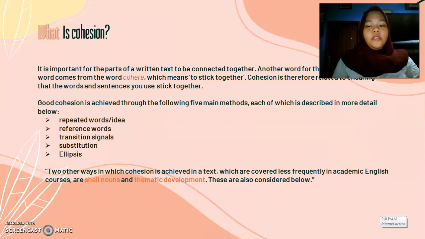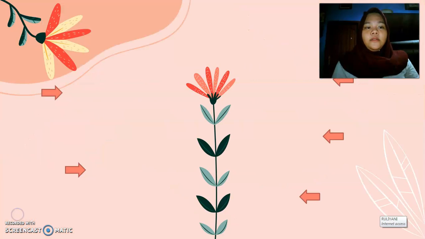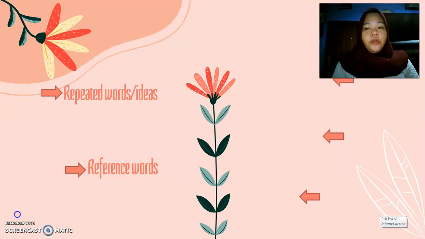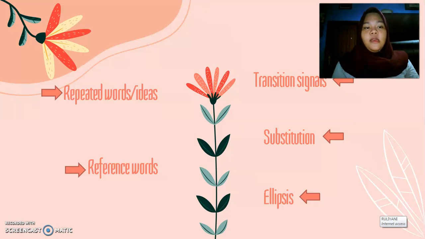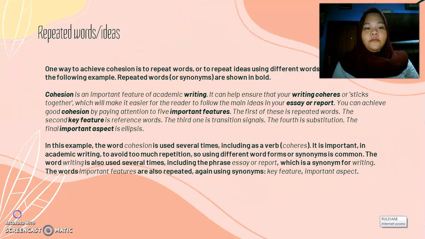These are also considered below. I will tell about repeat word or idea, reference word, transition signal, substitution, and ellipsis. Okay, let me start to tell.